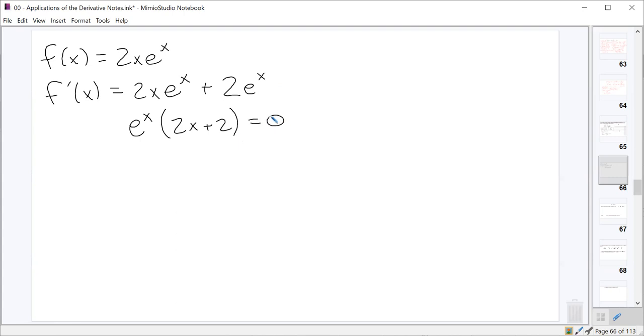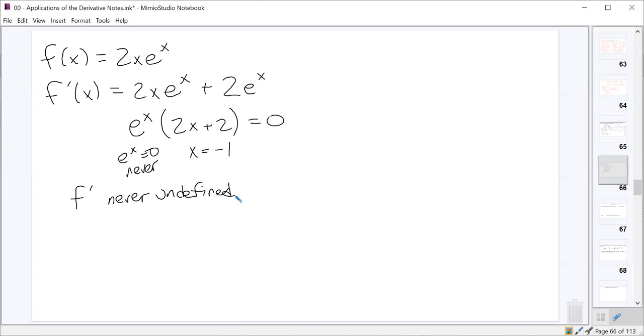And we will also think about when it's undefined. We'll do that in a second. First off, e to the x is never going to equal 0 as we said before. But 2x plus 2 will when x is -1. And then we'll note that f prime is never undefined because I can take any number and raise it as a power of e.